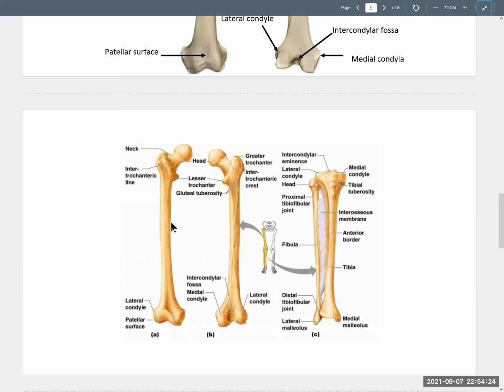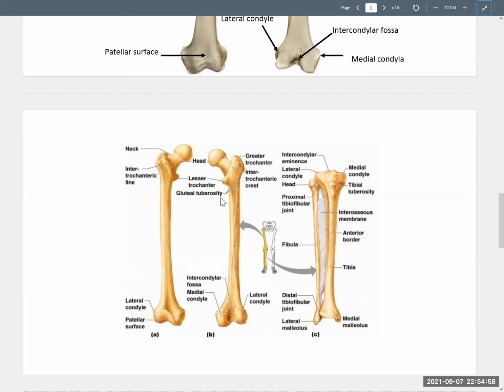On the left, we have a lot of repeat. Let's do it quickly. Head, neck, intertrochanteric line. I won't ask you that one. Okay. Lesser trochanter, greater trochanter. I won't ask you gluteal tuberosity. How do you know what I'm not going to ask you if you're not writing this down? Because it's not on the sheet.